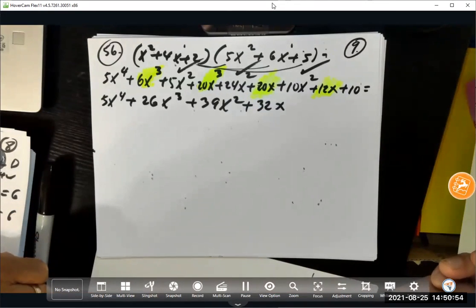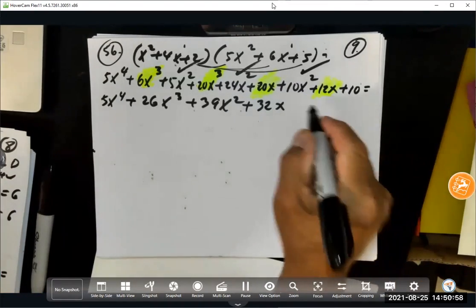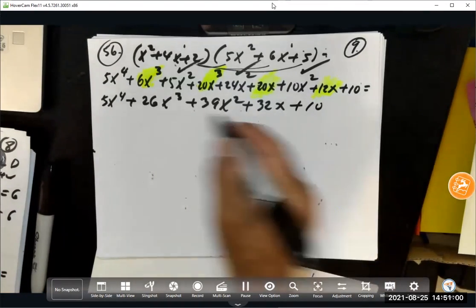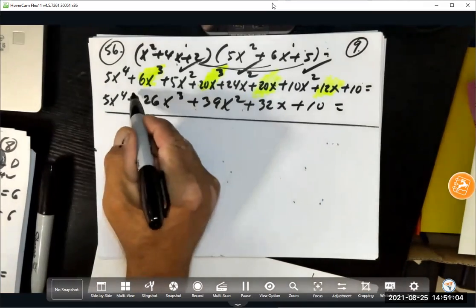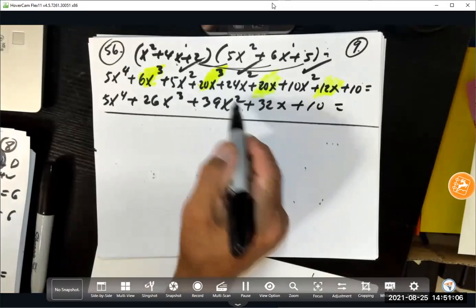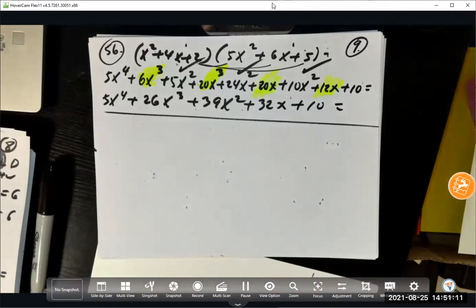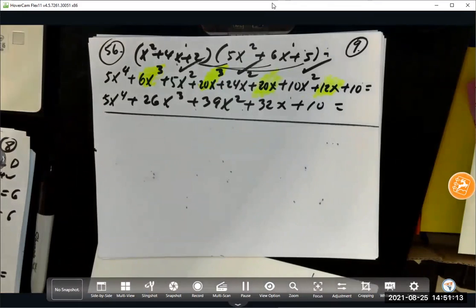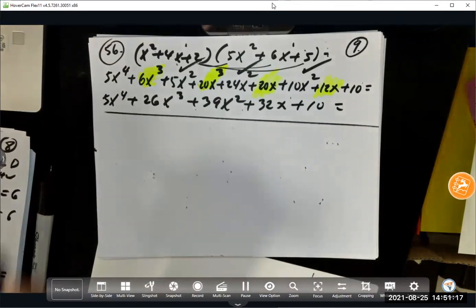And what else do you have? Plus 10. Plus 10, yeah, like that. Okay, so put all the 4 power, 3 power, 2 power, and there's nothing there. It must be a 1 power, but you don't need to put the 1. All right, is that okay for number 56? Yes or no? Yes.